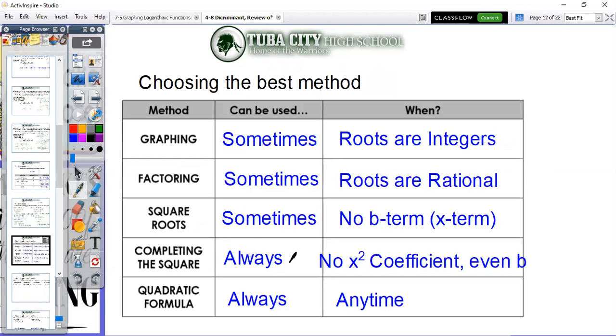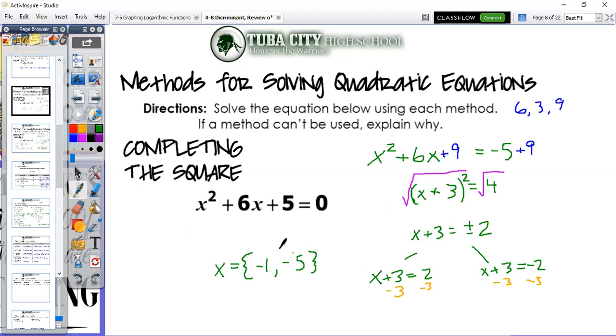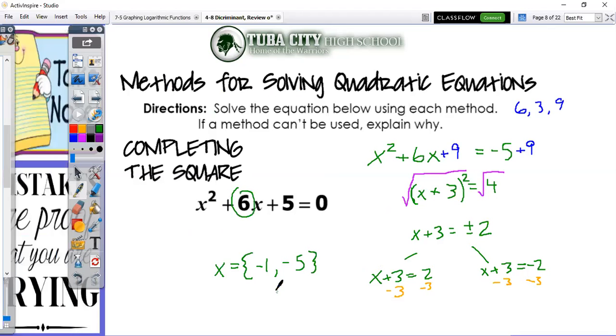And then completing the square. Completing the square always works, but it works best when you have no x squared coefficient, so no a value, and your b is an even number. So what do I mean by b being an even number? Well, this number here, in this case, it is 6. So 6 can be halved and then squared.